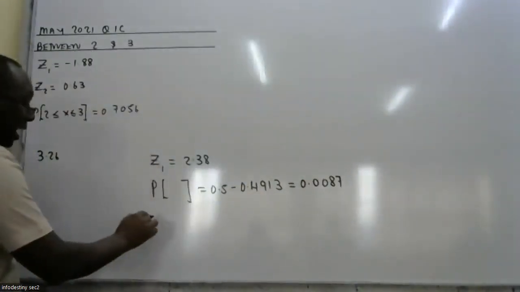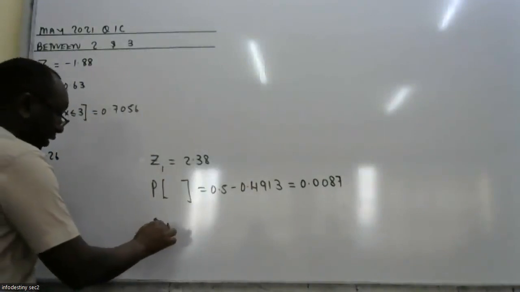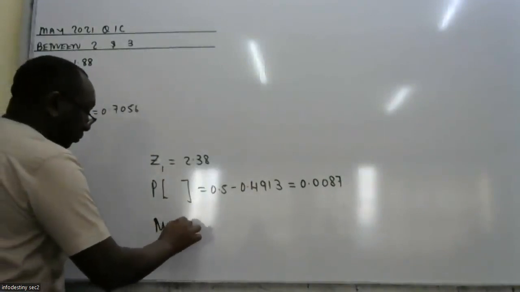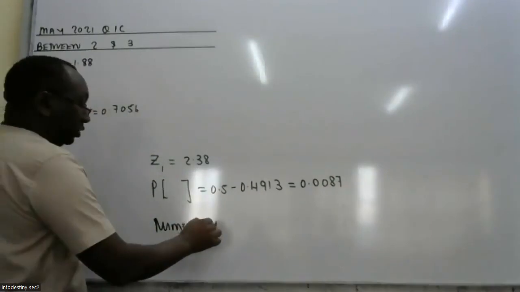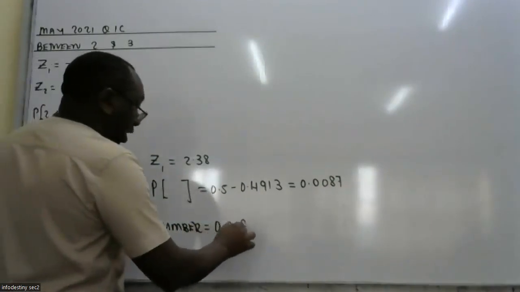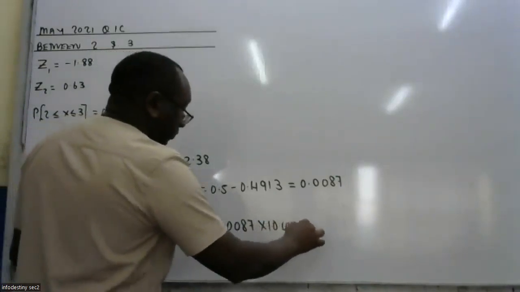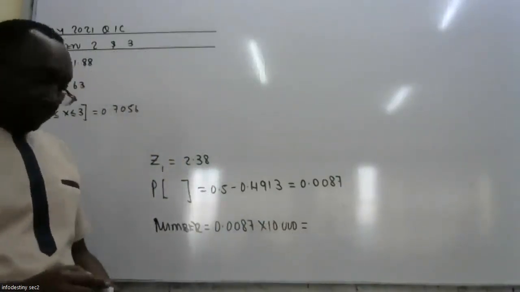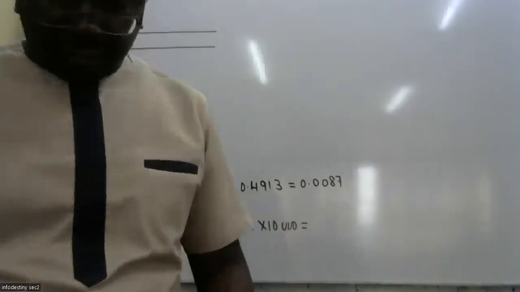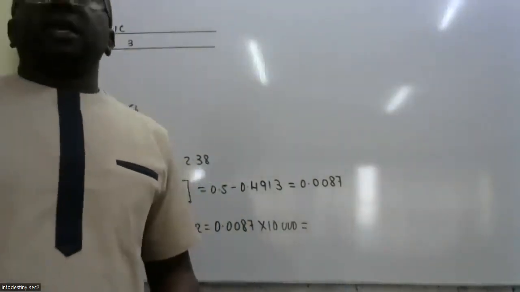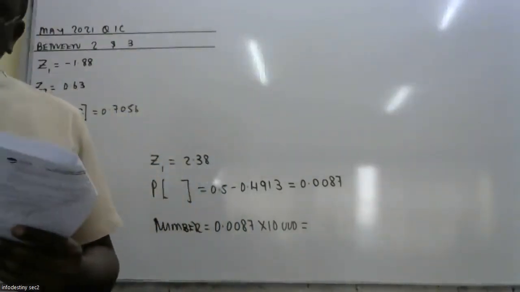So when they ask you the number of students, it is going to be 0.0087 multiplied by 10,000. That gives us 87 students.